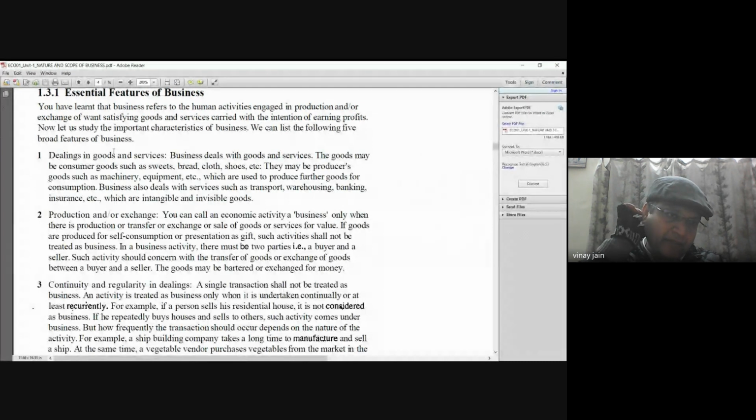And the third important feature is continuity and regularity in dealing. Your business must show continuity and regularity. Only in this case will the business be a business, otherwise not.